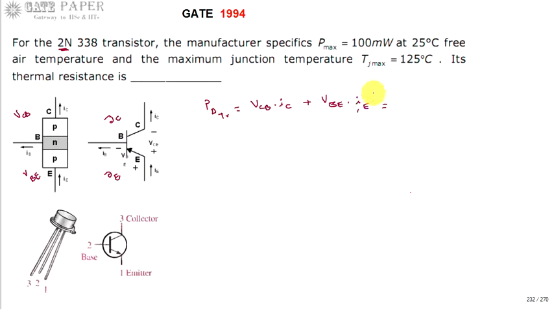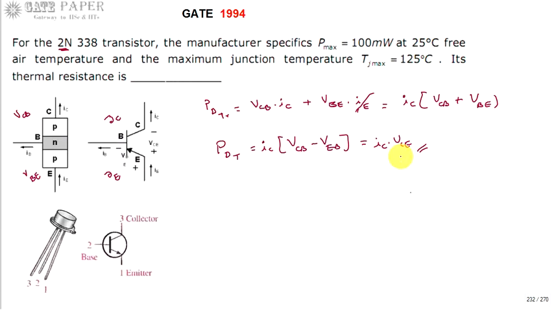So IC can be taken common, giving IC multiplied by VCB plus VBE, that is IC multiplied by VCB minus VEB, which is simply VCE. So the maximum power dissipation at the transistor is always calculated from the equation IC into VCE.